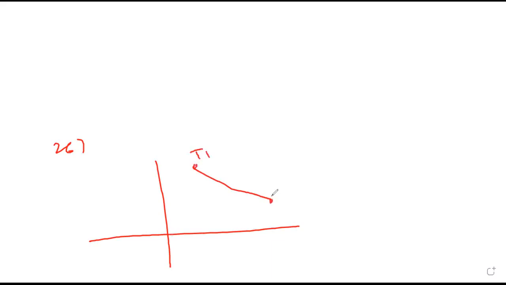From the following PV diagram, select the correct statement. V1, pressure V1, V2, pressures.